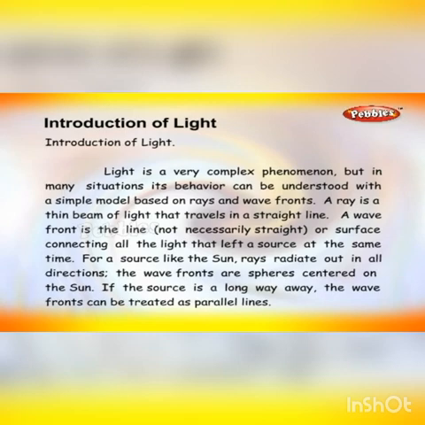For a source like the sun, rays radiate out in all directions. The wave fronts are spheres centered on the sun. If the source is a long way away, the wave fronts can be treated as parallel lines.